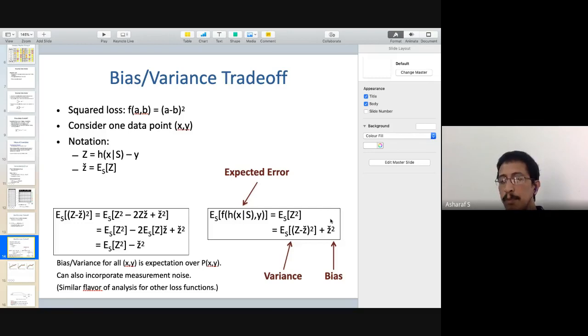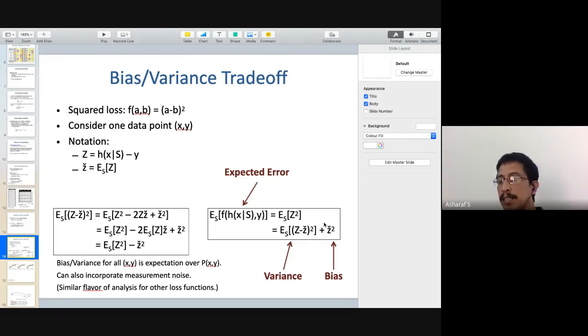You fit a simple line to that complicated context, so you'll have a very high bias, meaning that you have got a high error, which is essentially the expected error.